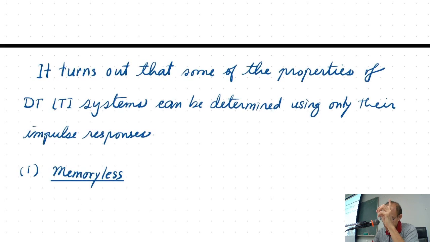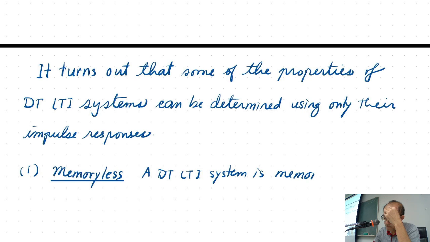That is, a discrete time LTI system is memoryless if and only if the impulse response is a multiple of the unit sample.